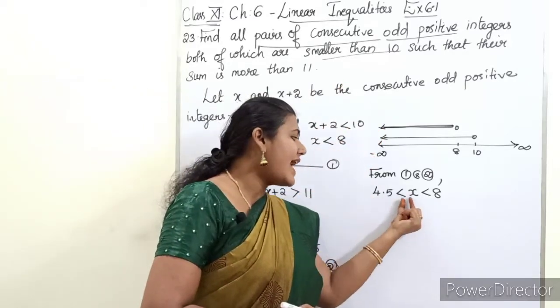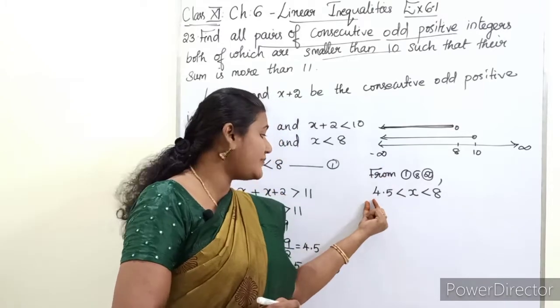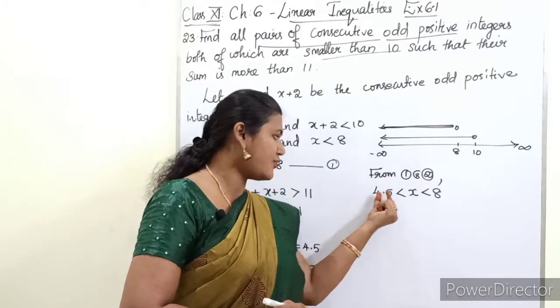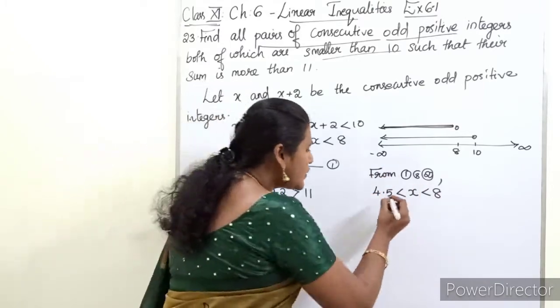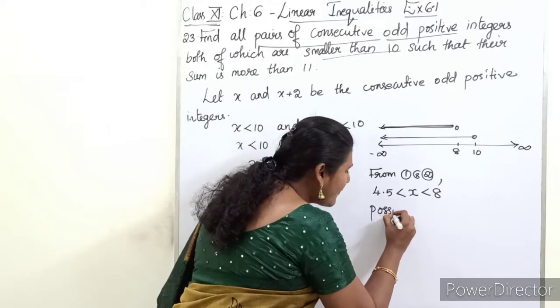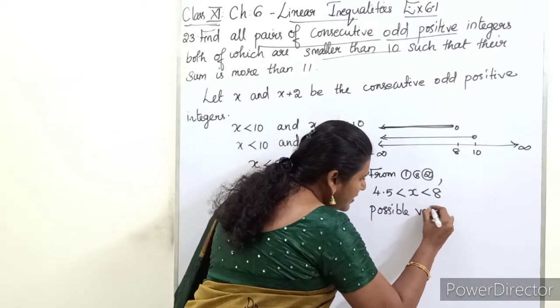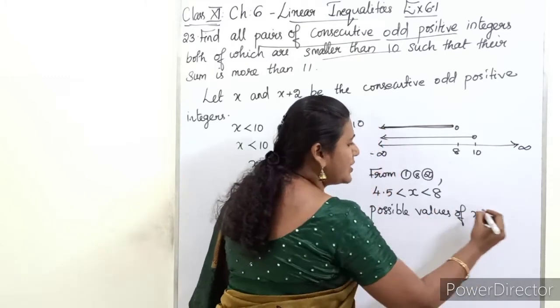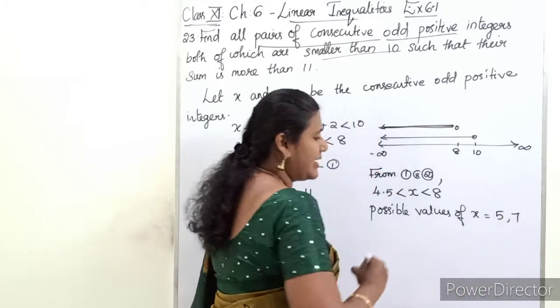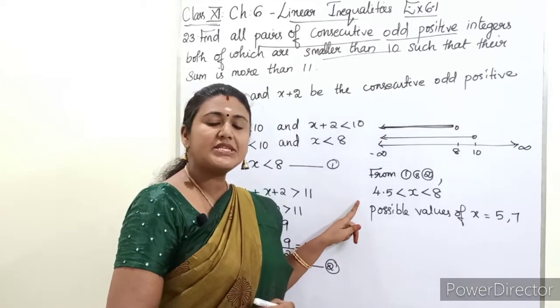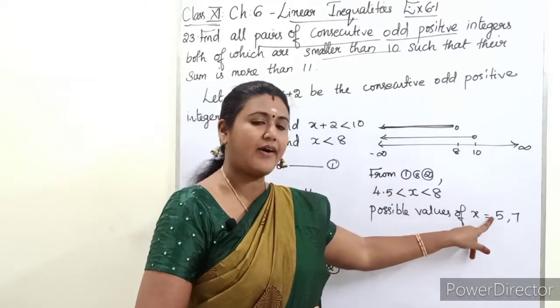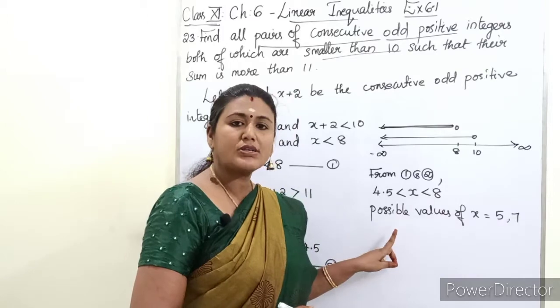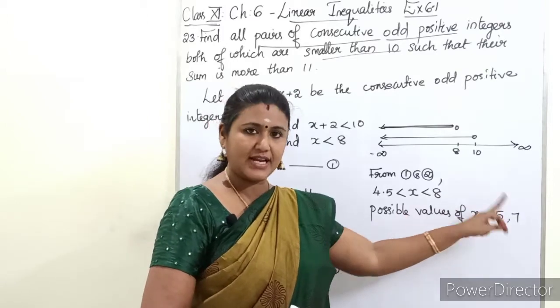So what are the values x can take between these two ranges, that is between 4.5 and 8? So the possible values of x are 5 and 7. So what are the odd numbers between 4.5 and 8? 5 and 7. So the possible values of x are 5 and 7.